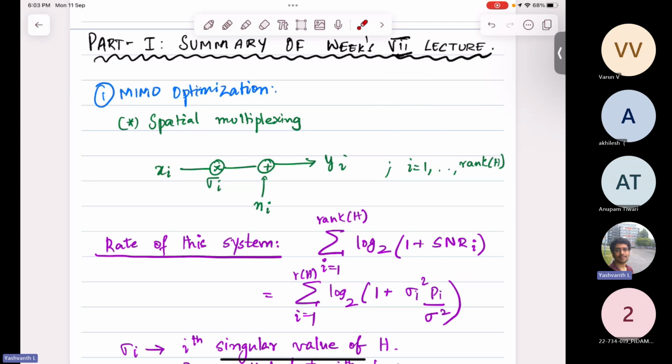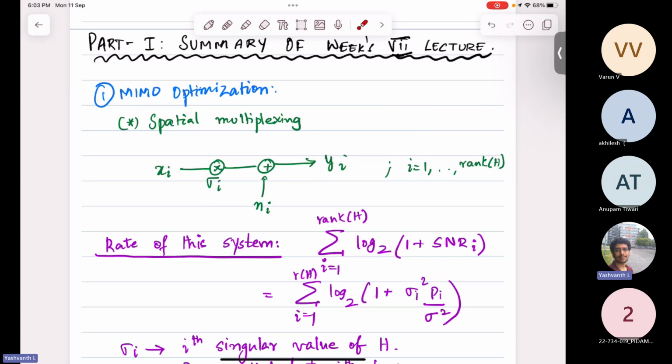We illustrated that if you have a transmit symbol xi, it will undergo a gain given by the ith singular value of the matrix H, and then it undergoes noise addition, and yi is the receiver output. Like this, you can have rank of H number of independent channels.